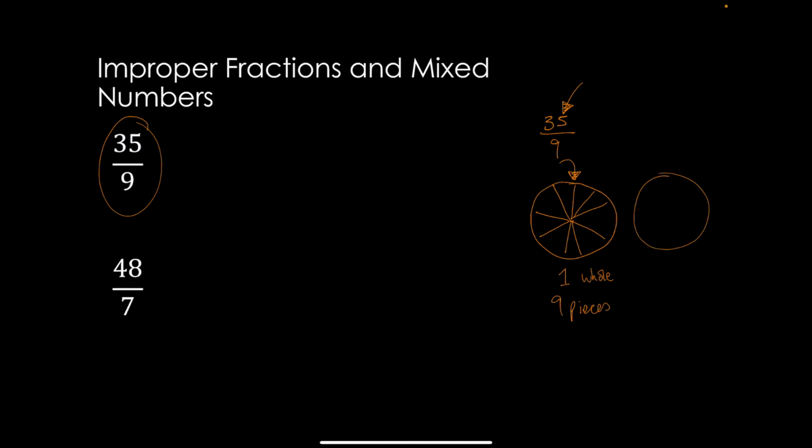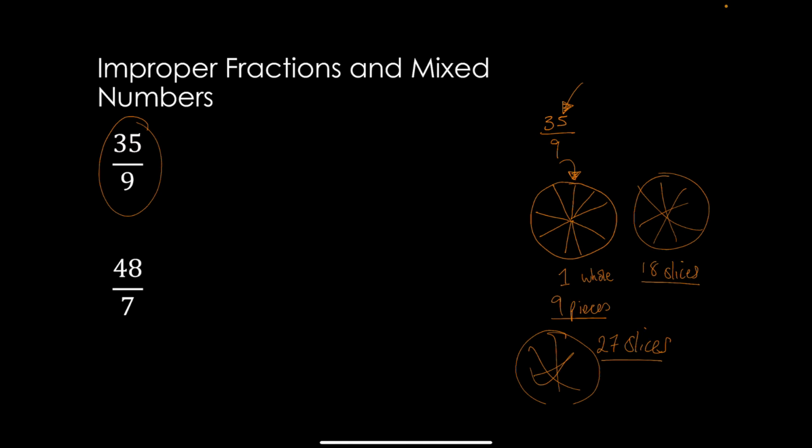If I did another one, that would be 18 pieces or slices. If I did another one, it would be 27 slices. So that's 9, 18, 27. So altogether, I can get 3 whole pizzas out of that.